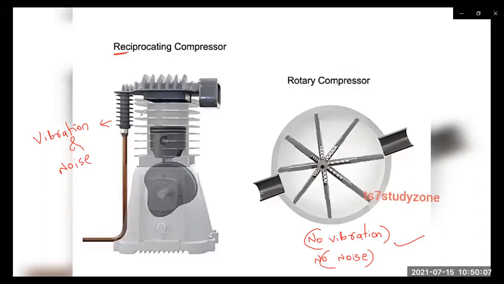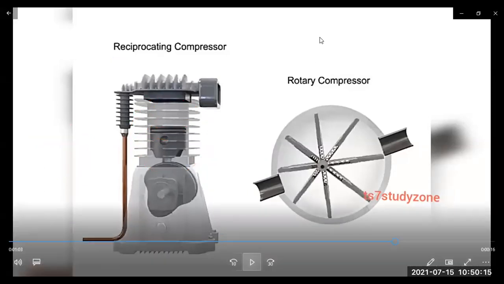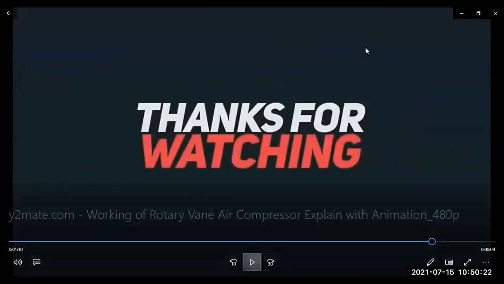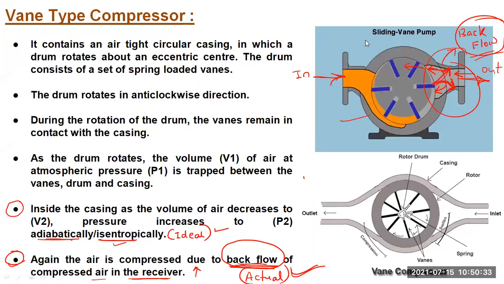You can see in the reciprocating compressor this one will vibrate, but here there will be no vibration. That's what he wants to tell here. See, this one is vibrating. Okay, right. So this is regarding the rotor van type or van sealed compressor or van type compressor.